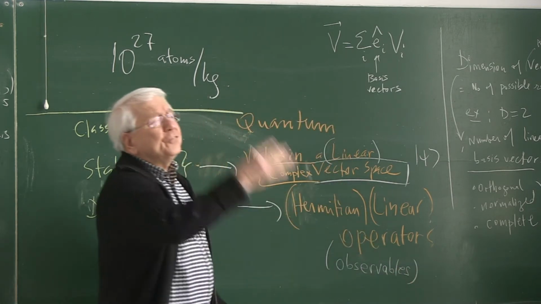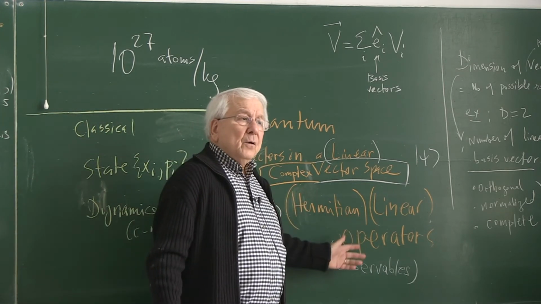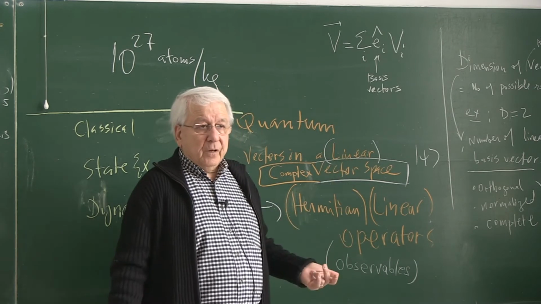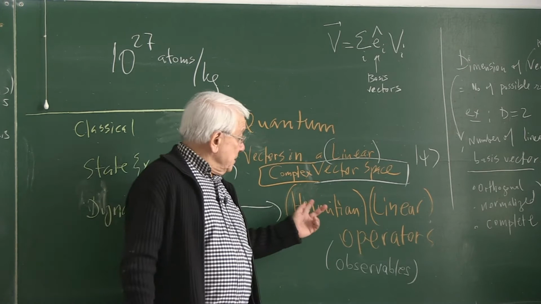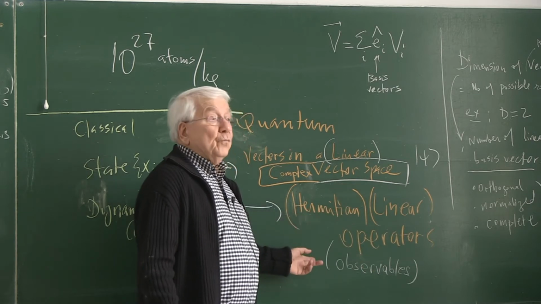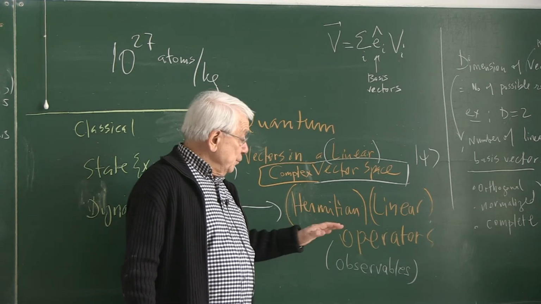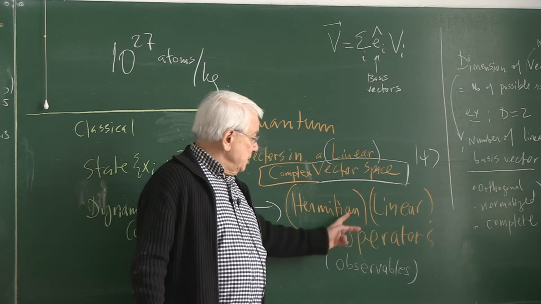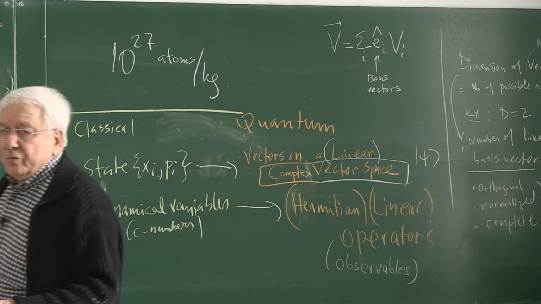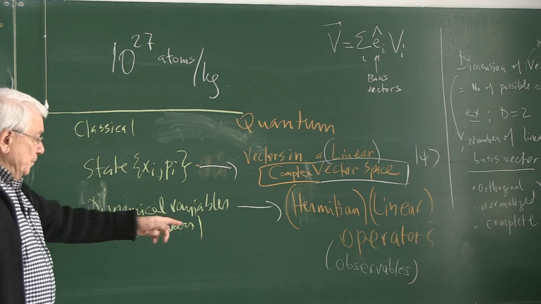If we were talking about more general operators, we would be allowed to call them simply operators. But our operators are not of the most general type. That's a subset, chopping off the larger class into a linear class. You'll see the reason for that. And furthermore, Hermitian: we'll see the features of Hermitian operators in a few moments. So these operators with these two qualifications are called observables because they are related to the observed or measured quantities in classical physics, like the position and the momentum, or the energy, angular momentum, and the like. So that's the name.